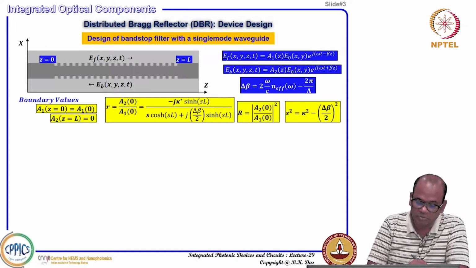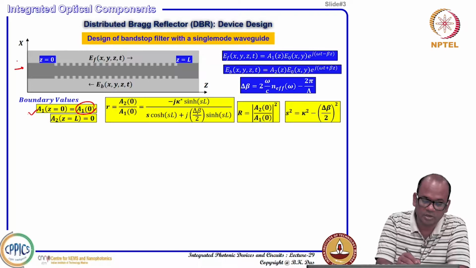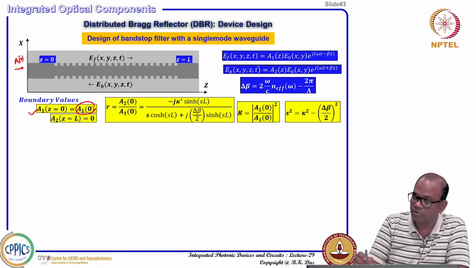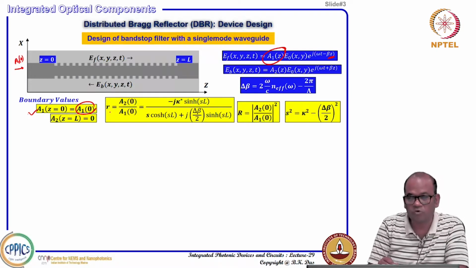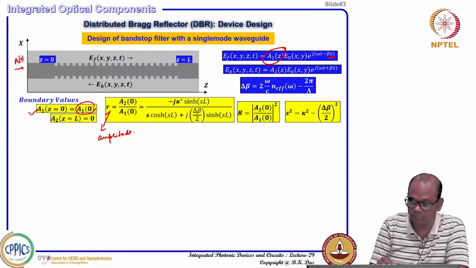Now, if we consider boundary values, A1(0) equal to A10, that means I am launching in the forward direction with amplitude A10, a fixed value at z equal to 0. Then the reflection coefficient, small r, is represented as the amplitude reflection coefficient, which we have also derived using coupled mode theory.